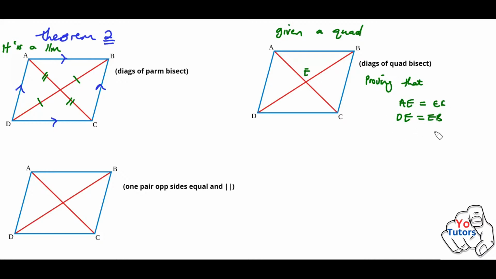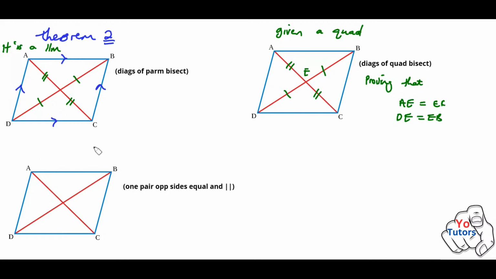That's what you'll be proving there. If we find that the diagonals are bisecting, then we can say this quadrilateral is a parallelogram. So just know what to do when you're given a question.